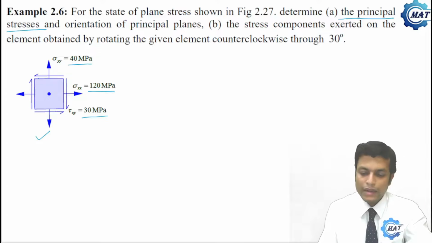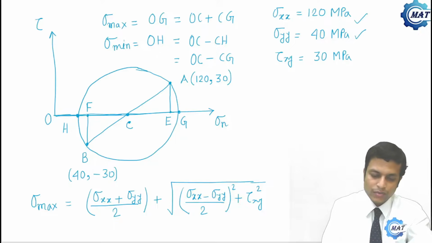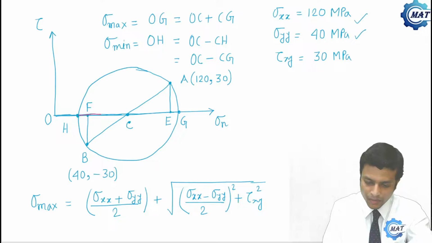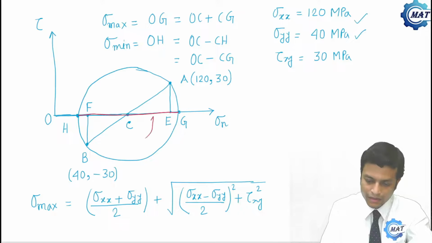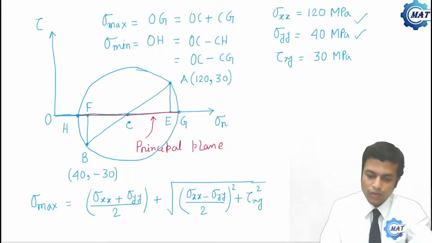Now what is the orientation of principal planes? What is principal plane? Let us move to the Mohr circle. Principal plane is the plane on which principal stresses are acting. That is this plane. This plane is the principal plane, say P. Now where phi is 0, point A represents the stress where phi is 0.